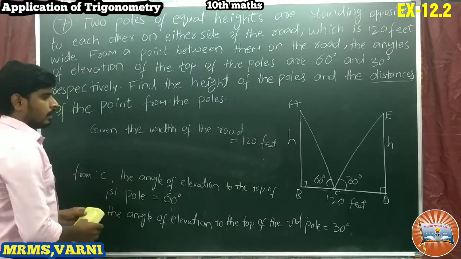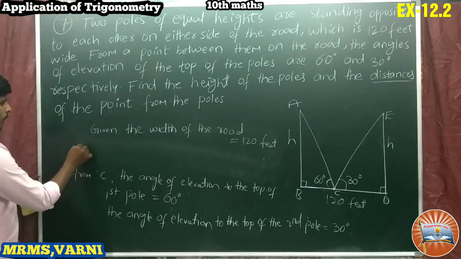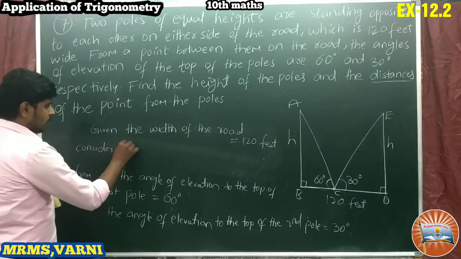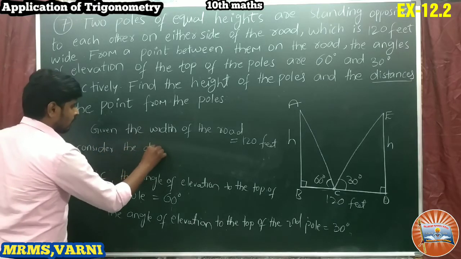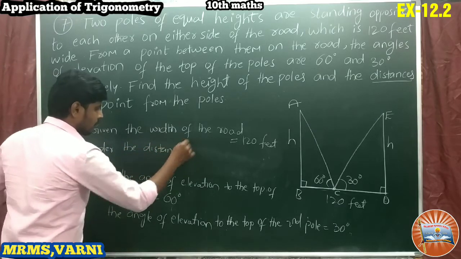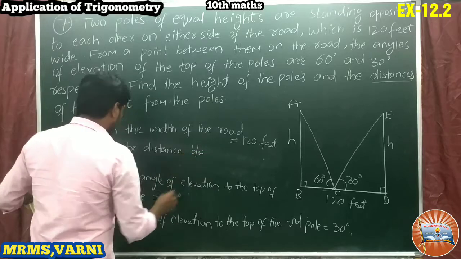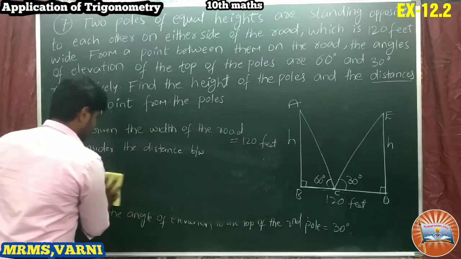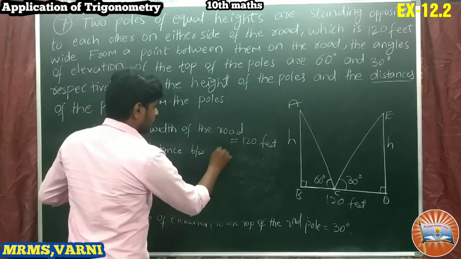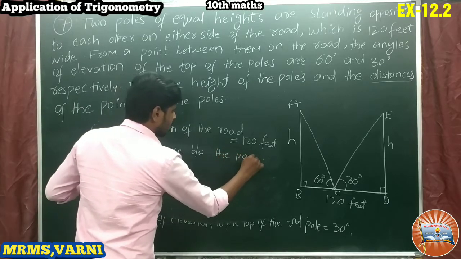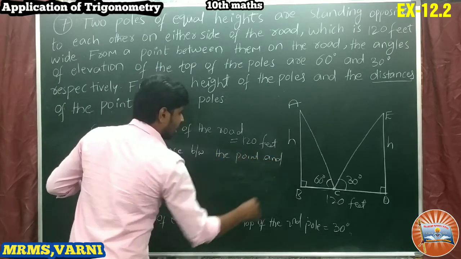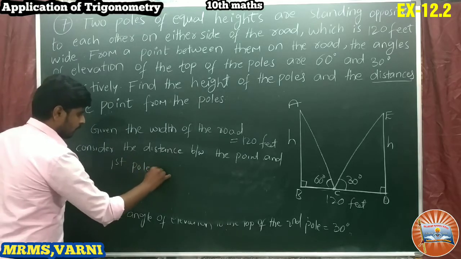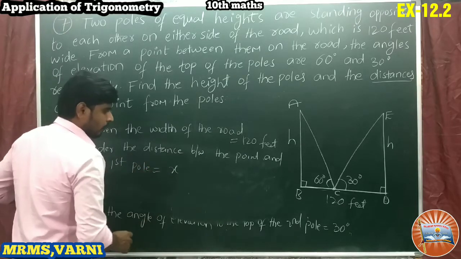And consider the distance between the point and the first pole as x.